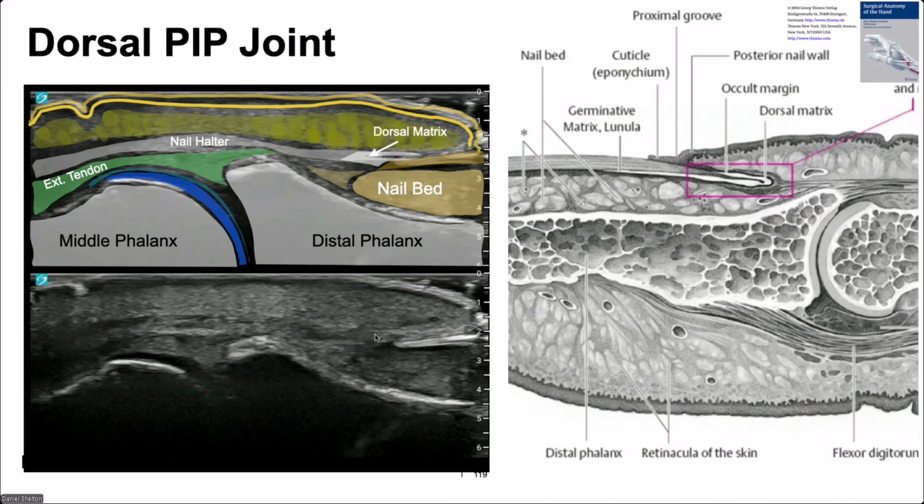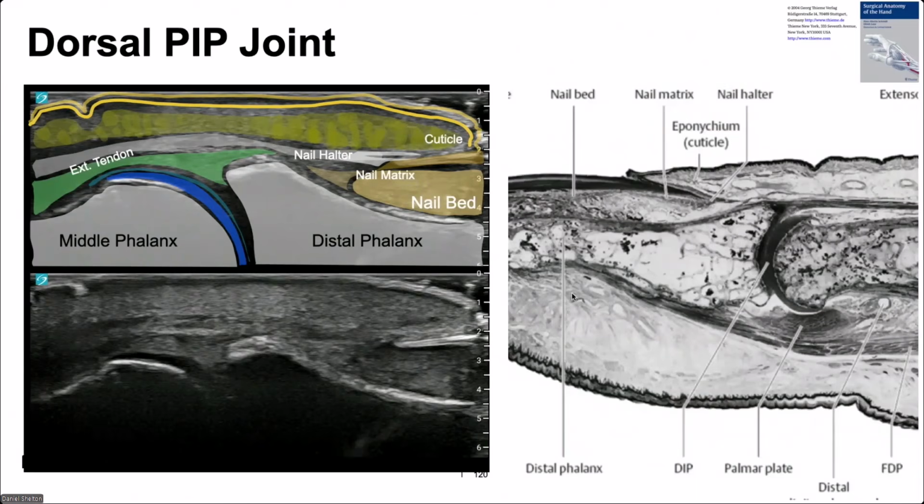And then you can see the connective tissue fibers here from that nail halter that we talked about. We can see the extensor tendon insert, more commonly, easier to appreciate on most transducers, but then on ultra high frequency, which we're focusing on here, you can see that continuation of fibers that do come up off the DIP extensor tendon to the nail bed, and not nail bed necessarily, but to the base root of the nail plate.